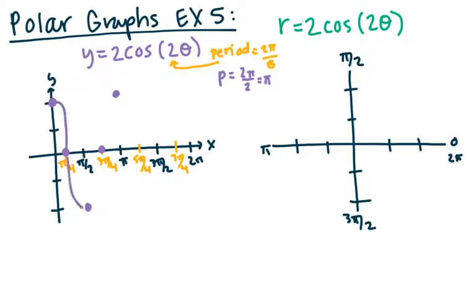So remember, this is what that period shift does. It means that we complete a full shape of cosine by pi in this case. And then we have to keep doing this all the way through 2 pi. So it's going to repeat itself, go to 0, negative 2, 0, back to positive 2.